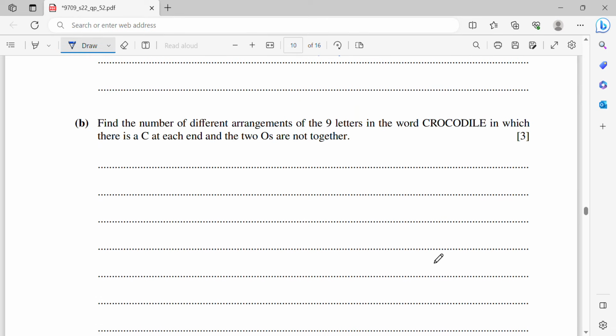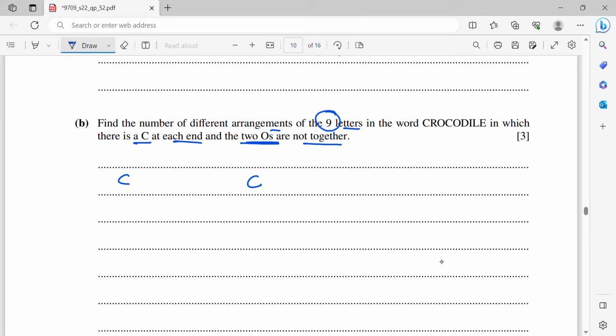Now B. Find the number of different arrangements of the 9 letters in the word crocodile in which there is a C at each end and the 2 O's are not together. So now each end, one C. You have 2 C's at the end and 2 O's are not together.